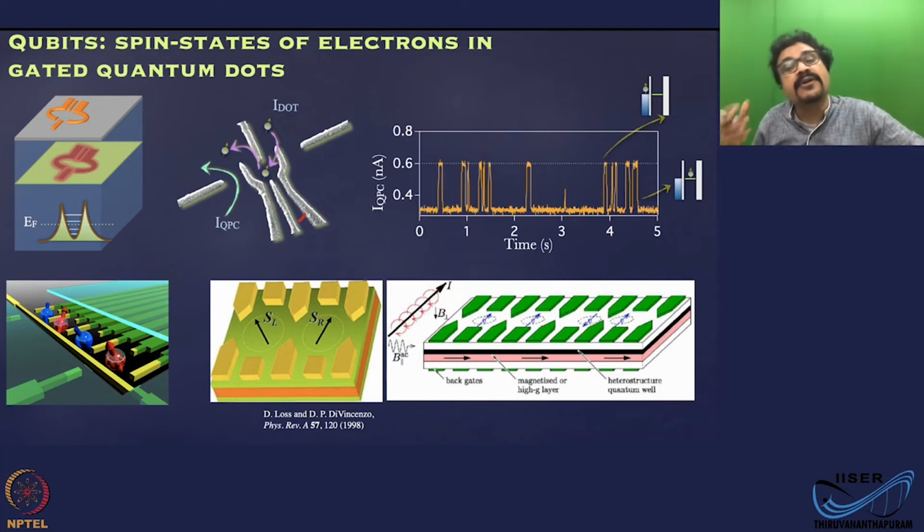And long decoherence times, because generally spins have much longer decoherence time compared to charges. How long is long, we will discuss in one of the coming slides.